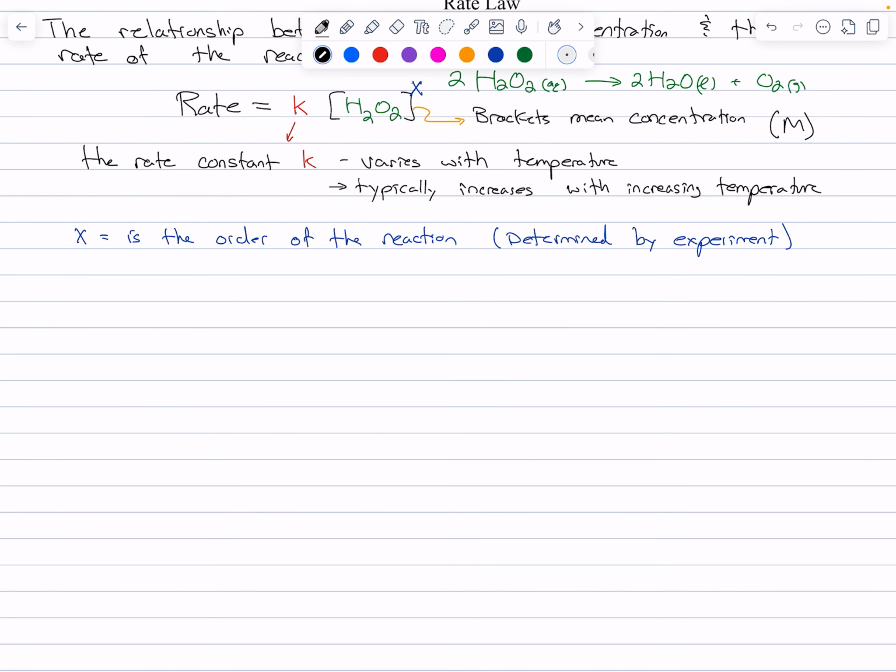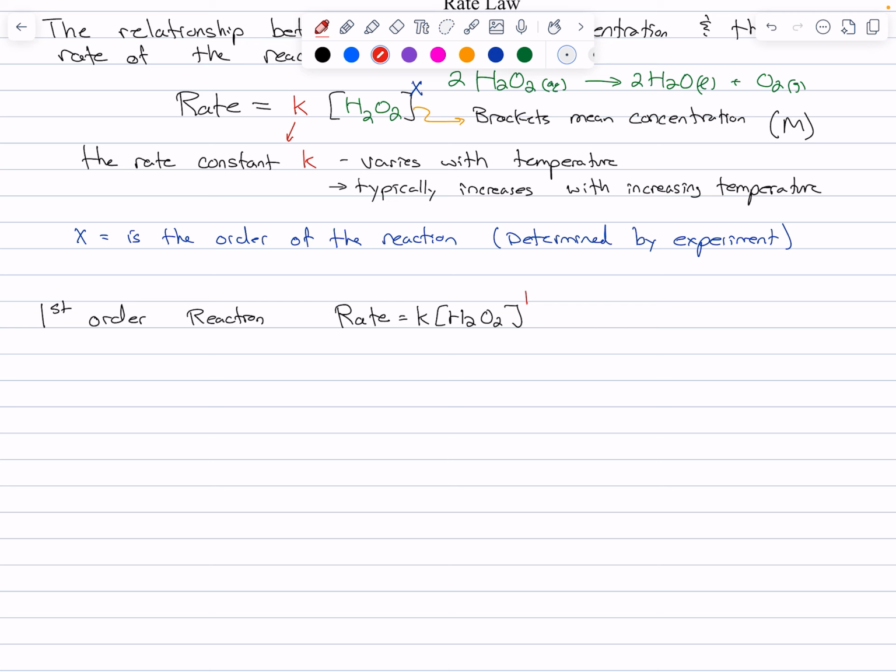So let's just say we have a first order reaction. That would be the rate is equal to the rate constant K times the concentration of H2O2, hydrogen peroxide, to the first power.